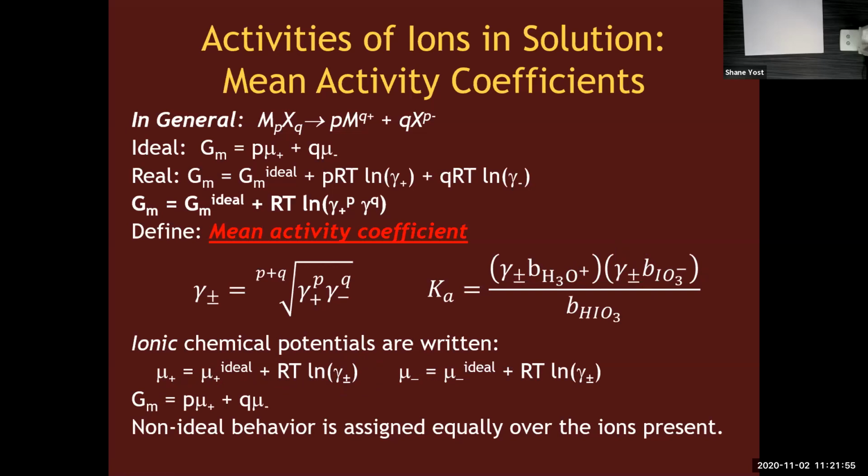Okay, well, that might not be 100% correct. It's a very reasonable approximation, and so that's what is done. So again, I'm going to use this mean activity coefficient, gamma plus or minus, which is the average activity coefficient of the cation with the anion, and we use that for the activity coefficient for each of the two ions in solution. Questions so far?